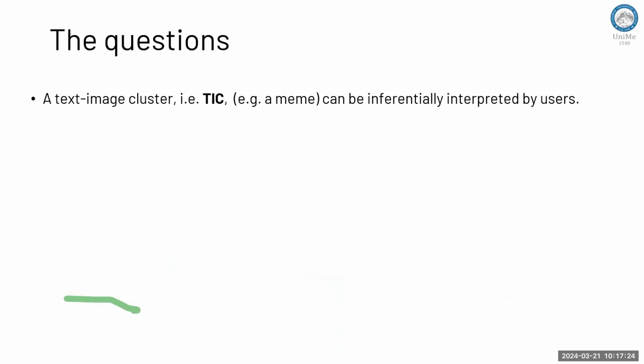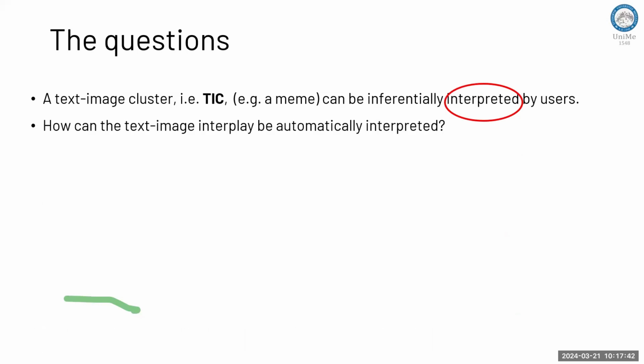What we have called a TIC, that is a text image cluster, for example, a meme, as I was saying, can be inferentially interpreted by users. So we need some different skills to interpret a text image cluster. So how can the text image be automatically interpreted?